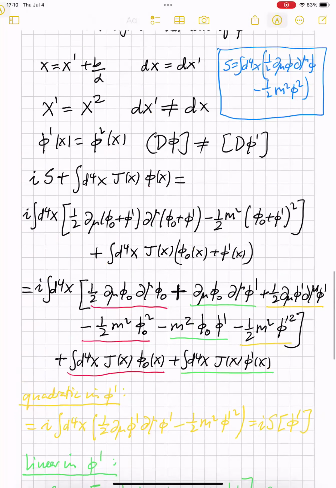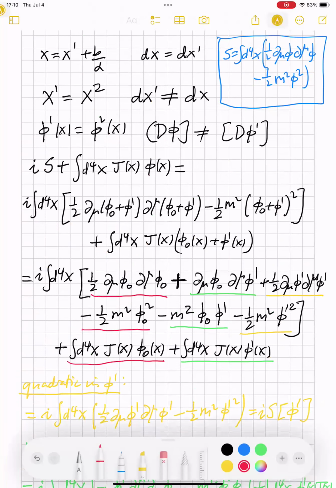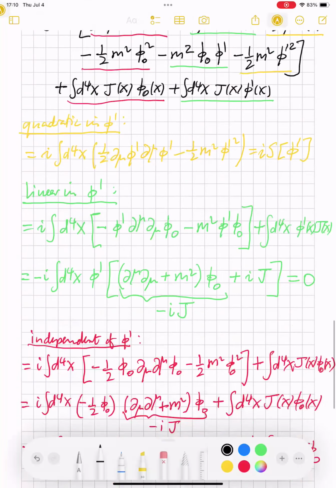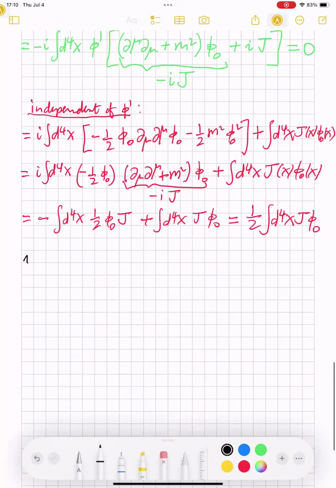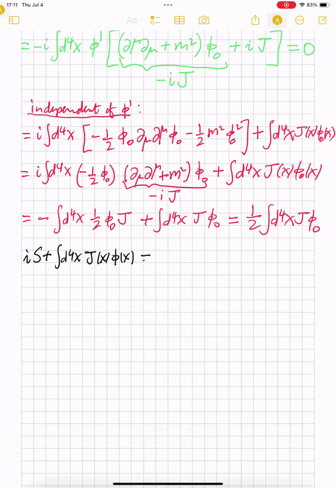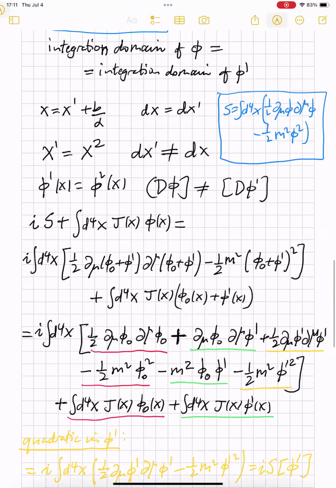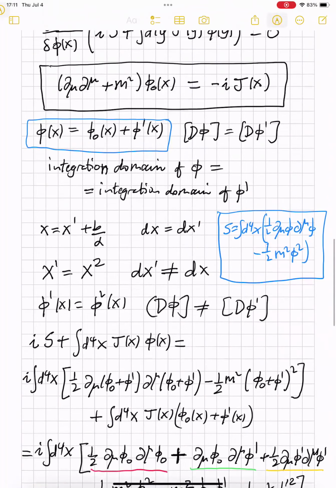Let's just summarize it, okay? So let's summarize our answer. So what were we rewriting? We were rewriting this quantity over here, which is plus integral d4x j of x times phi of x. And all that we did was we replaced phi by phi naught plus phi prime. Okay, that's all we did.